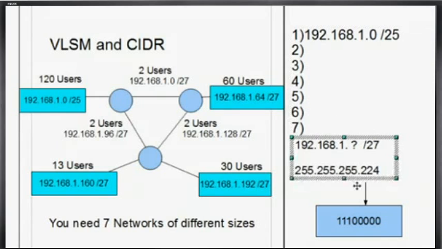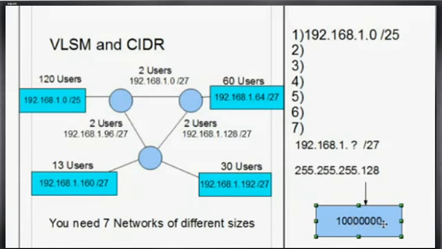192.168.1.0/25 means that on my subnet mask, I'm going to have a 128 subnet mask, right? Meaning that the binary in the last octet will look like this: 10000000. So I've only borrowed 1 bit from the last octet, and that bit is in the 128th place.